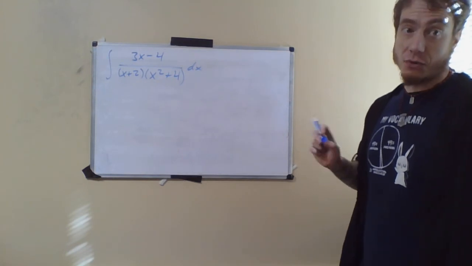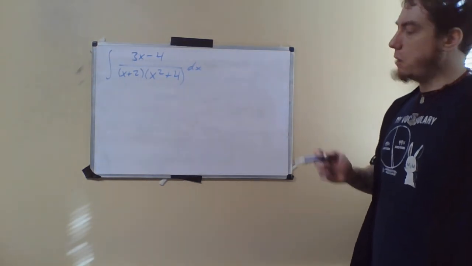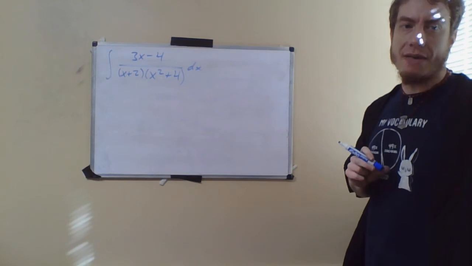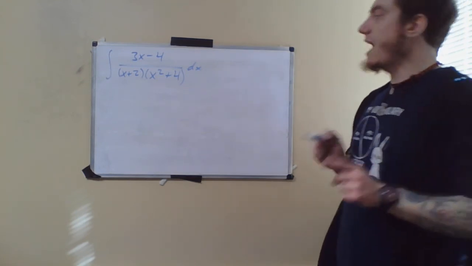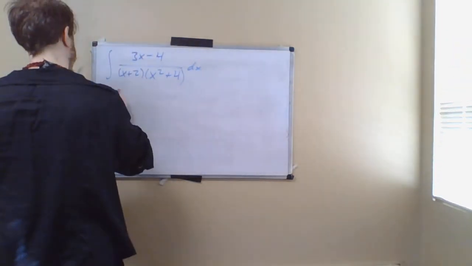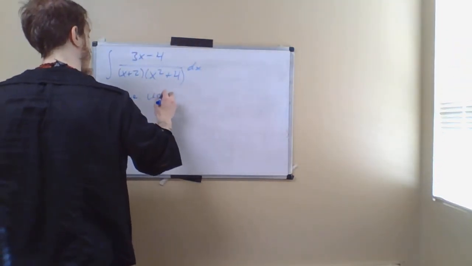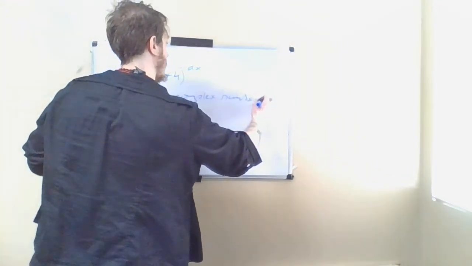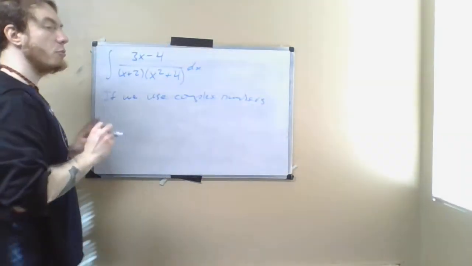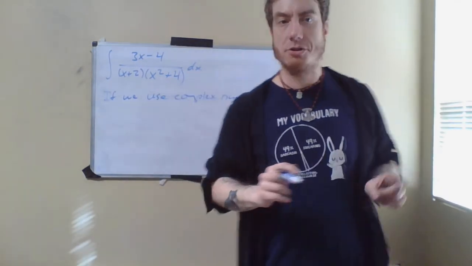There is a trick for still doing this. However, I do want to just point out, and this is the last thing I'll say in this lecture, if you allow complex numbers, all polynomials factor into linear factors.